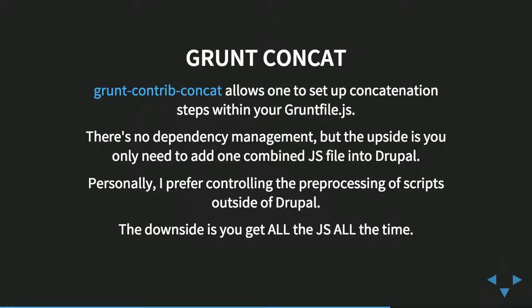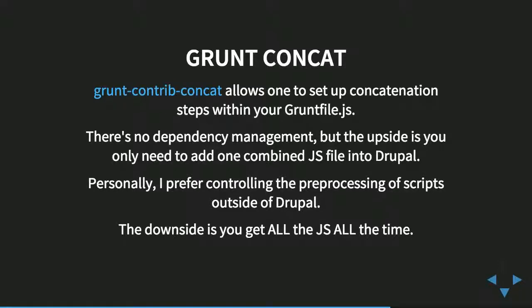But we still have dozens of individual JavaScript files. So there's a Grunt plugin called concat, which basically allows you to concatenate lots of files, which is great. So now you don't have all these individual files, you've got one big file, say if it's your theme file.